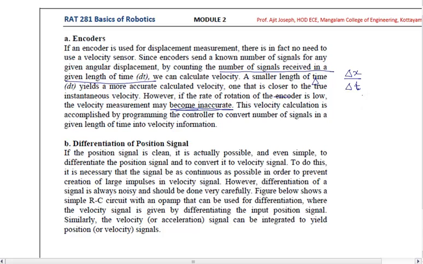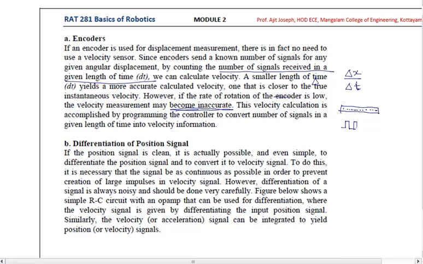Now talking about the accuracy of these kinds of velocity sensors made out of encoders, it basically depends on how many steps there are. We said that there are alternate opaque and transparent areas from which light will either pass or not pass. If it is passing, there is a pulse.